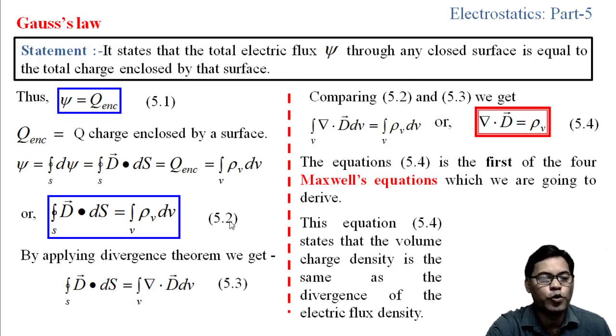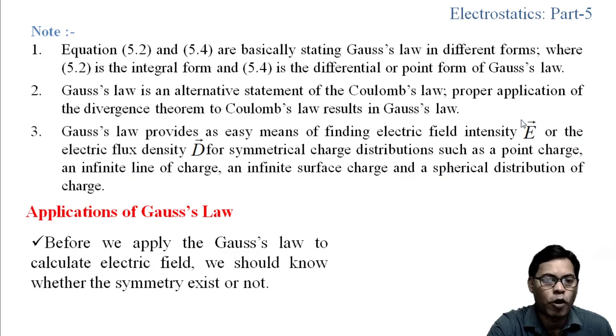Equation 5.2 is the integral form of the Gauss law, and equation 5.4 is the differential or point form of the Gauss law. Actually, the Gauss law is an alternative statement of Coulomb's law. If we apply the divergence theorem properly to Coulomb's law, then we can get the Gauss law.